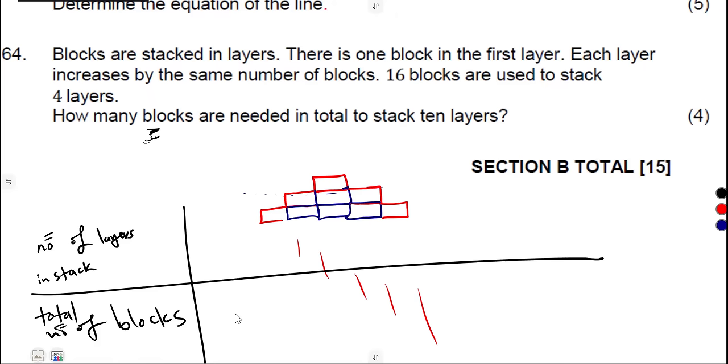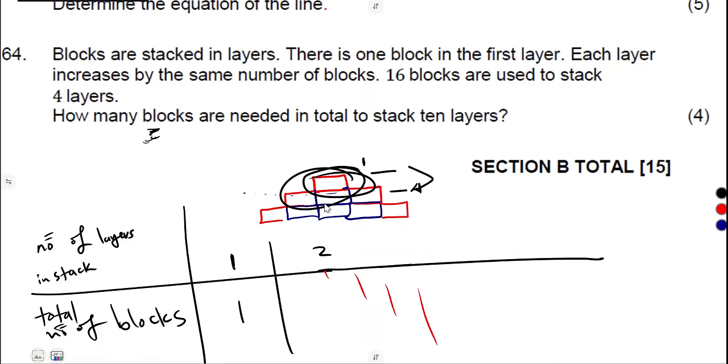Number of layers in a stack. To say one, says one. How many blocks do we have there? It's only one, which is true. But if we move on to the second layer, this is the second one. How many blocks do we have?